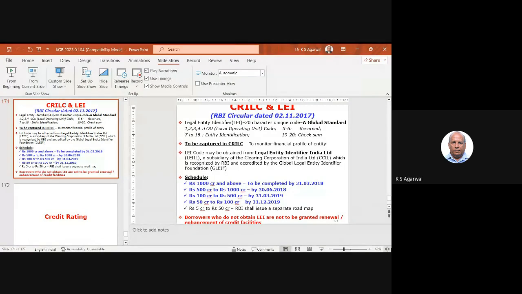For borrowers with 50 crore and above, time limits were given, with 31st December 2019 for 50 crore to 100 crore, and for 5 crore to 50 crore, RBI has to issue a separate roadmap. Borrowers who do not obtain LEI are not to be granted renewal or enhancement of credit facility. That is important. Right, friends? So this is important for credit monitoring.